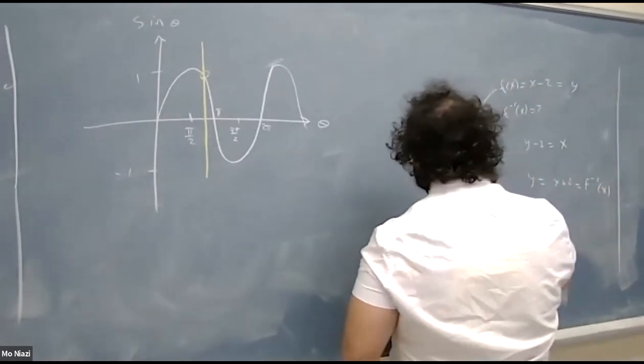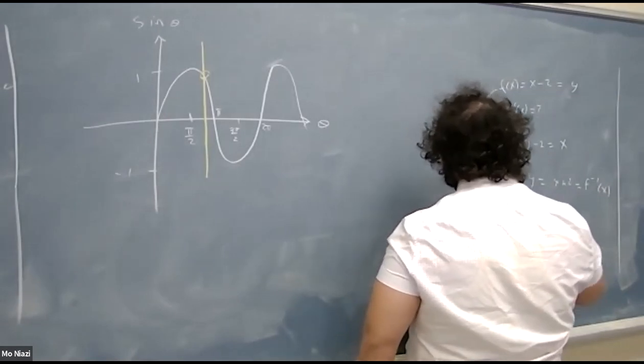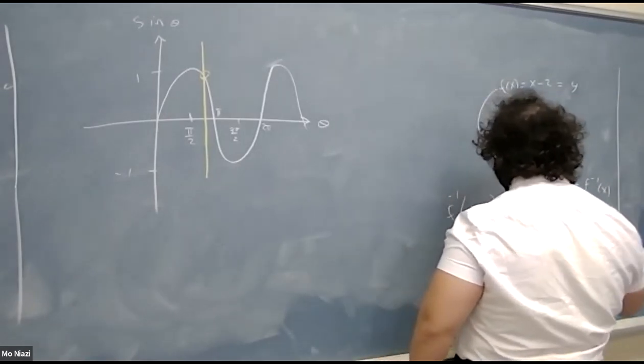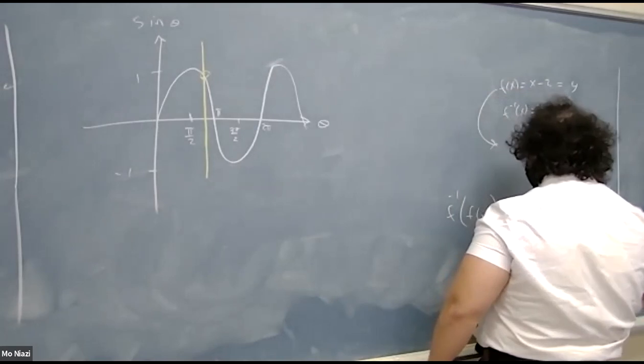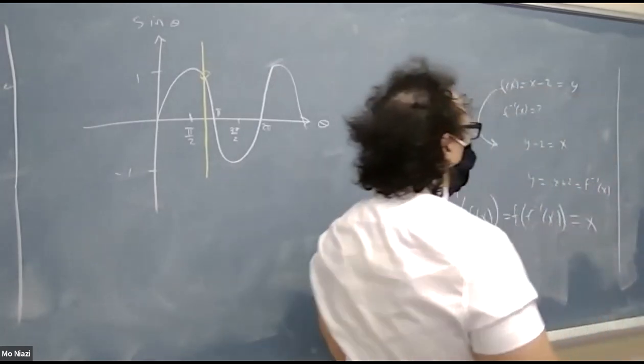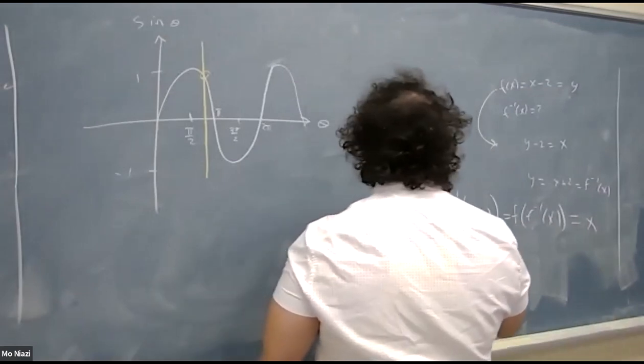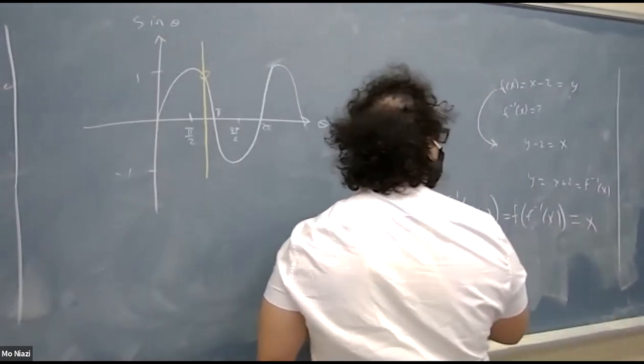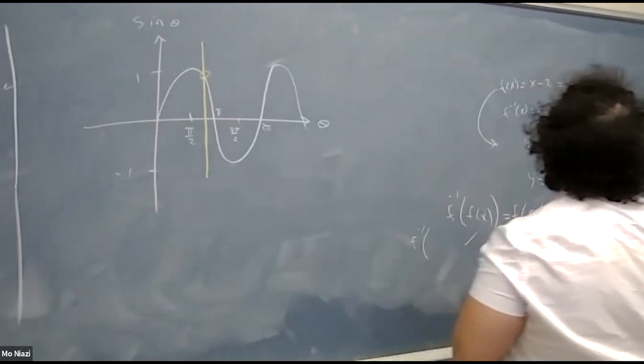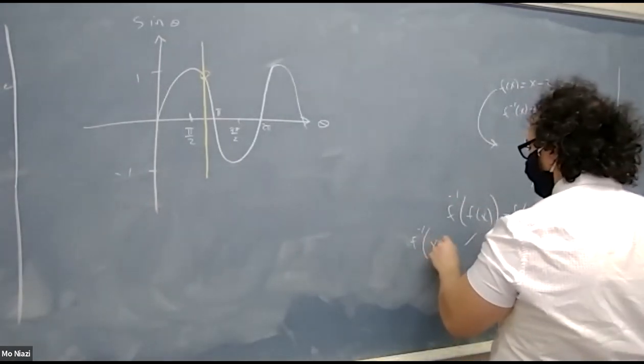Such that, for instance, this right here is the inverse of our f of x, which is x minus 2.